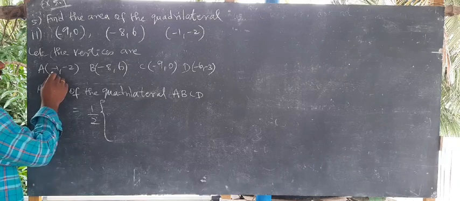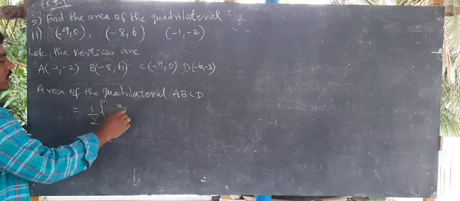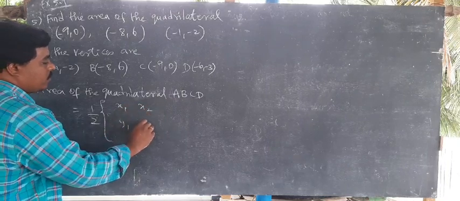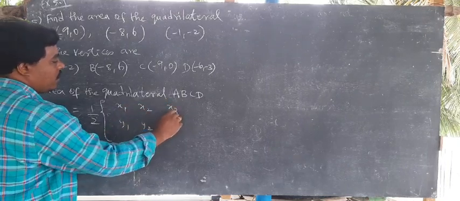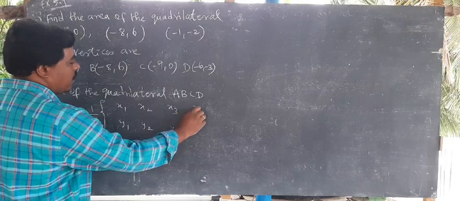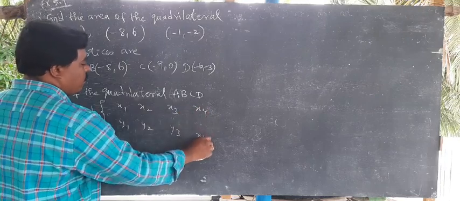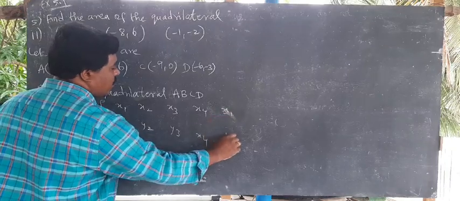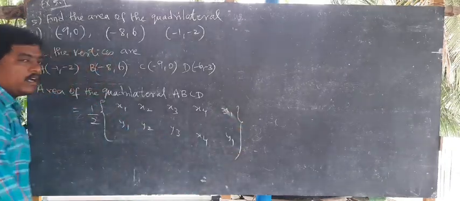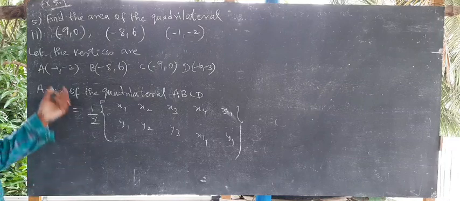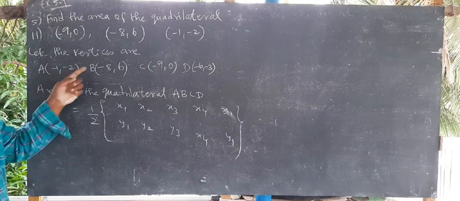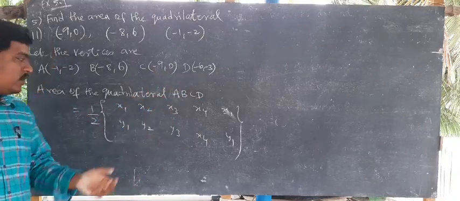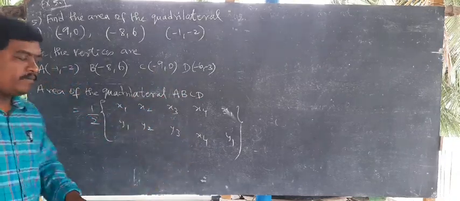So just to write x1, y1, x2, y2, x3, y3, x4, y4, remaining x1, y1. Like this we have to write. So this is x1 comma y1, x2 comma y2, x3 comma y3, x4 comma y4. So straight we write the formula.